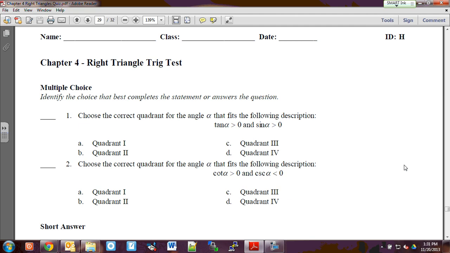So let's get started. Number 1, choose the correct quadrant for angle alpha that fits the following description. We have the tangent is greater than 0, so that means the tangent is positive. And we have the sine is greater than 0, so we know the sine is positive. Okay, so now we have to look at our ASTC.